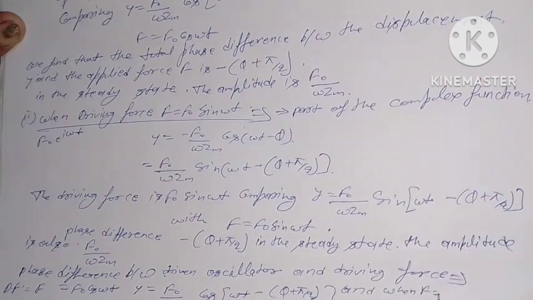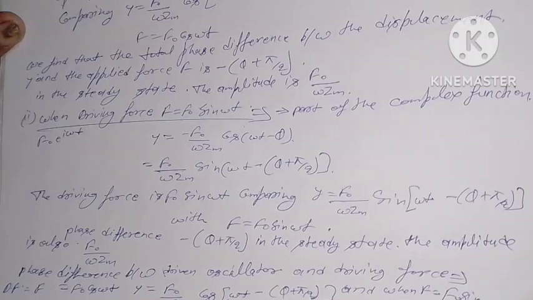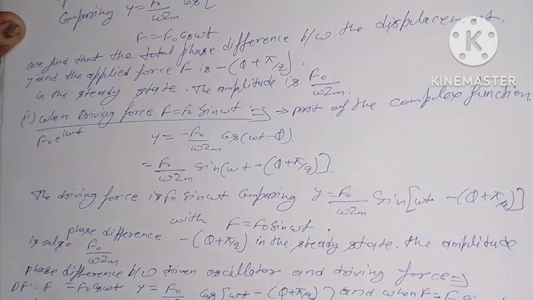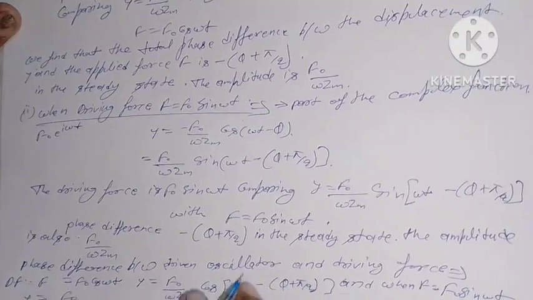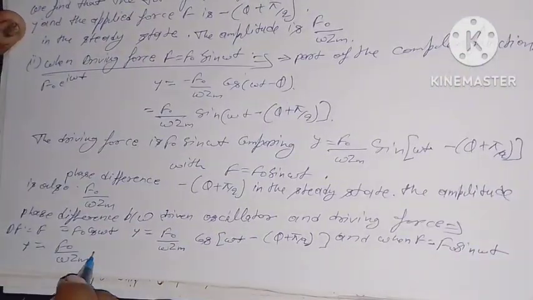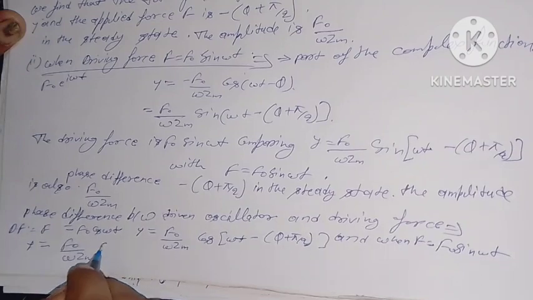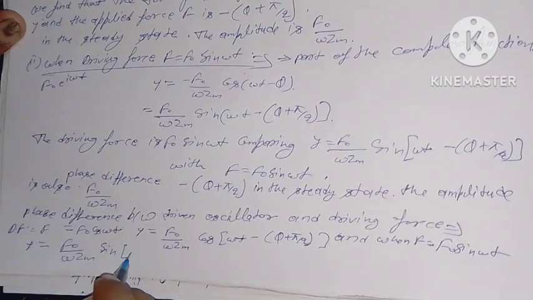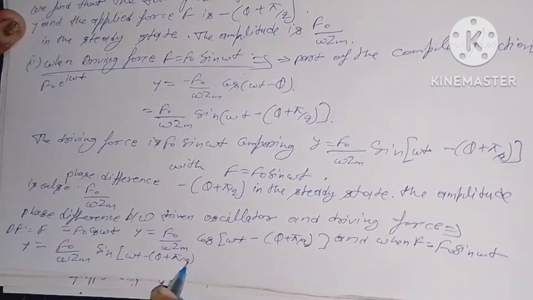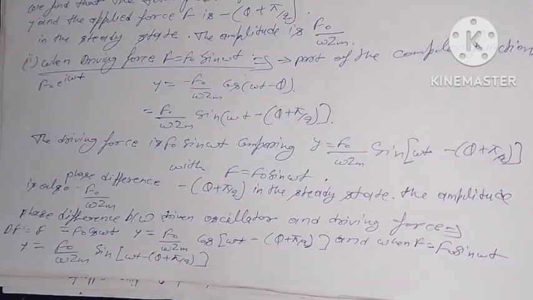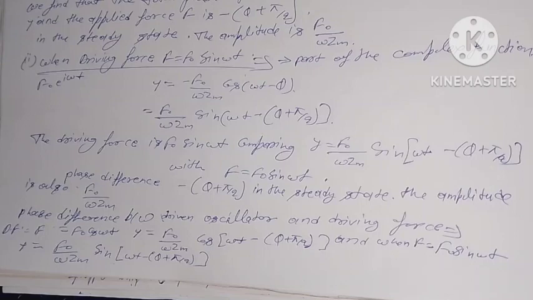And when F equals F naught sin omega t, then y equals F naught upon omega Zm sin(omega t minus phi plus pi by 2).